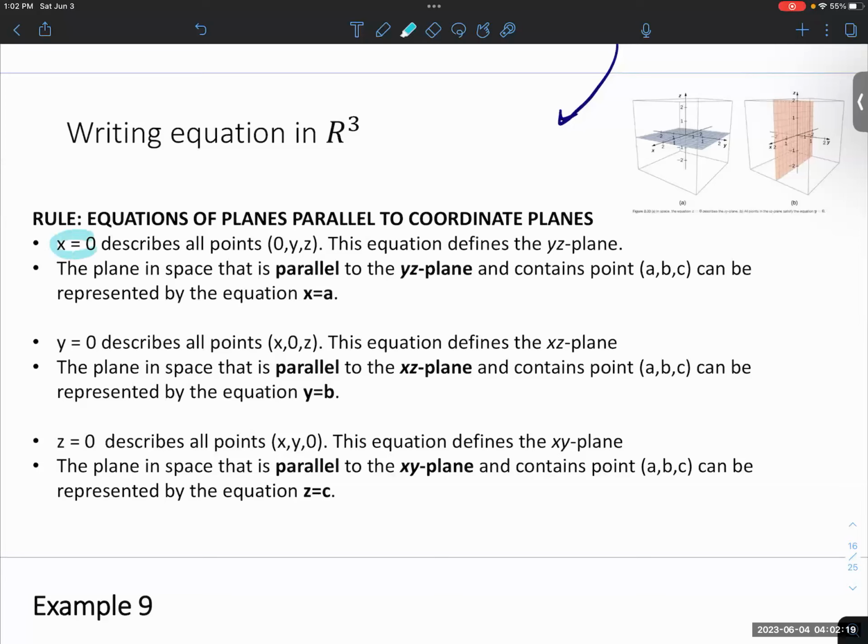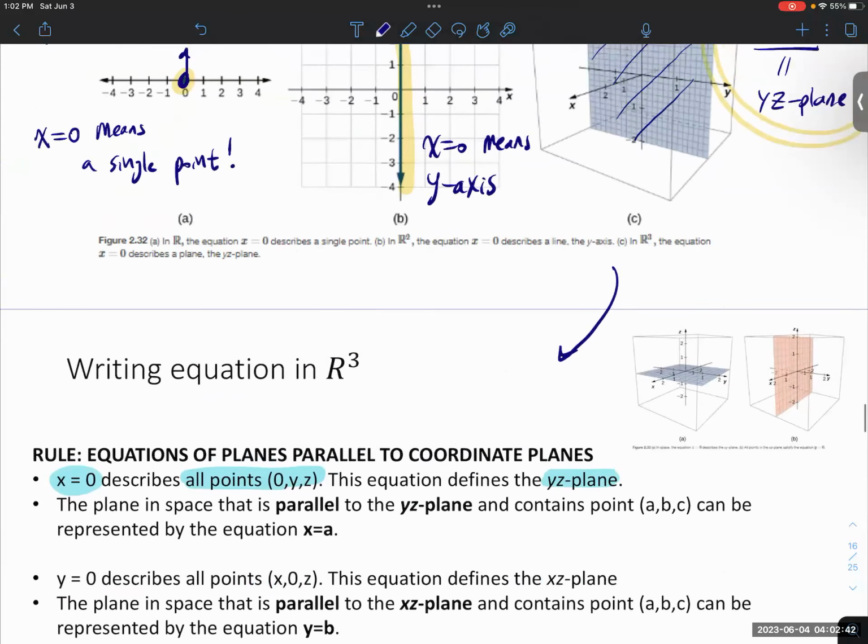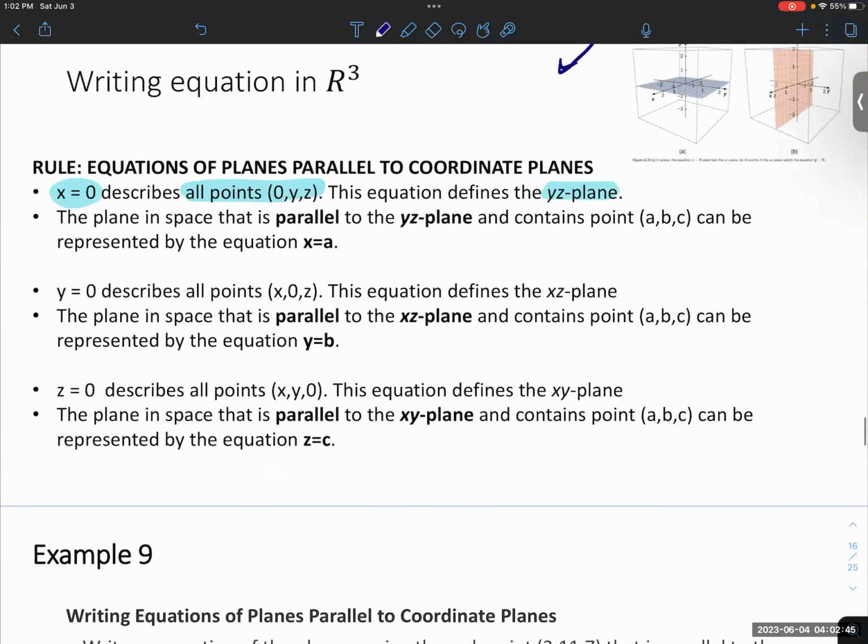We know x equal to 0 means that the x-coordinate of all the points is 0, so this equation defines the yz plane, correct? If you have any number, x equal to 2, x equal to 3, whatever number, that is going to be a plane parallel to the yz plane. So that's the same observation we just had above.